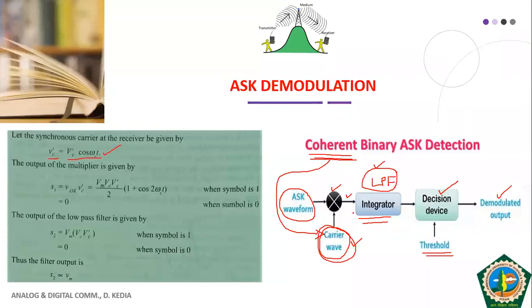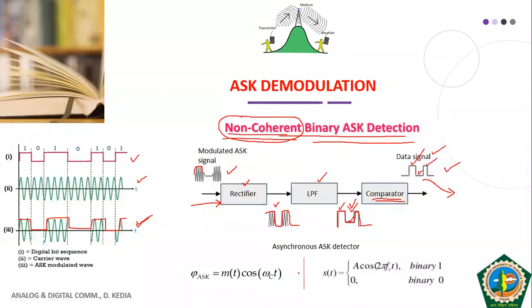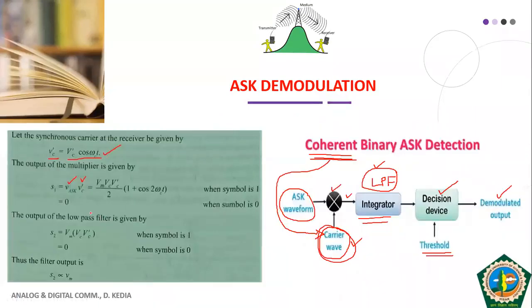Then at the output of the multiplier, we expect the multiplication of my ASK signal with my locally generated carrier. And what is my ASK signal? The ASK signal is nothing but the multiplication of my message signal and my carrier signal, so I have cosine omega ct again. Two cosines are multiplied, meaning cosine square omega ct.